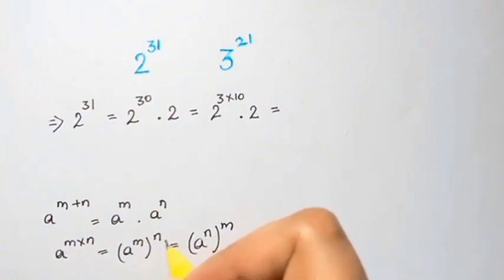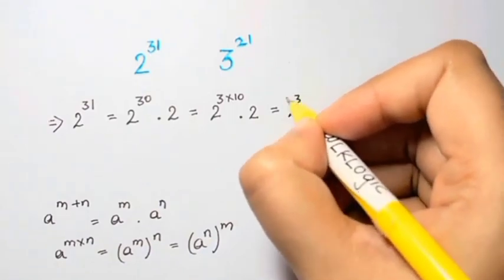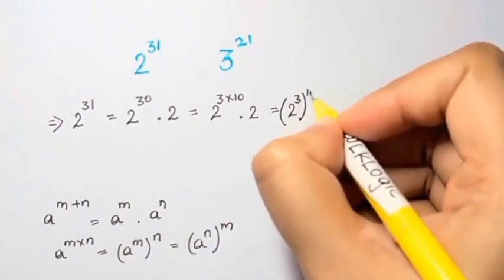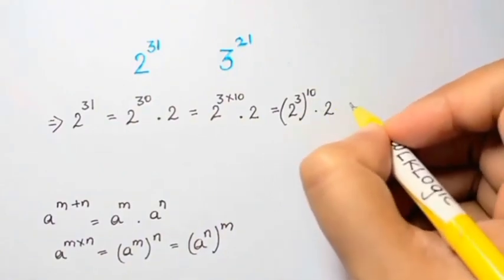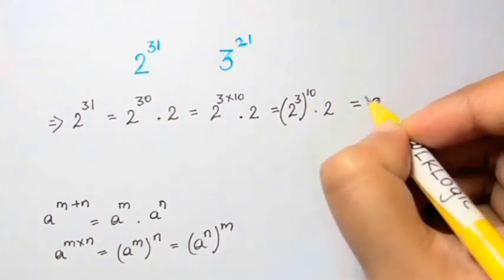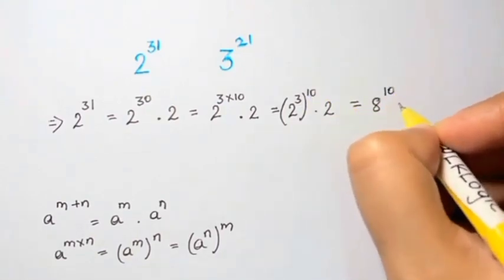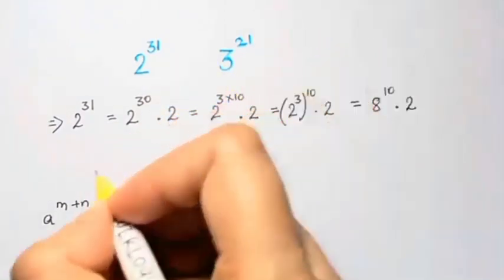So I'm going to write it like this: 2 cubed, whole to the power of 10, times 2. Now 2 cubed is equal to 8, so I have 8 to the power of 10 times 2.